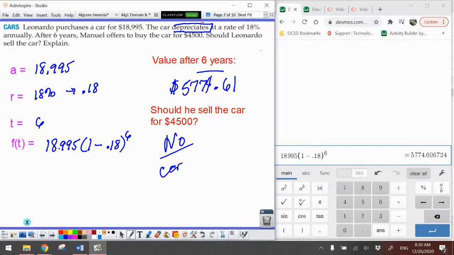The car is worth more than $4,500 at year 6. So that would not be a good choice for him. Now, obviously, we don't know if it's got damage or that kind of thing, but just on the basis of the math, the car is worth more than $4,500.